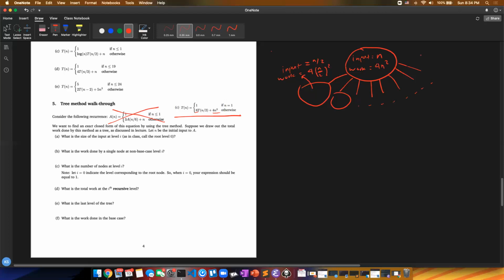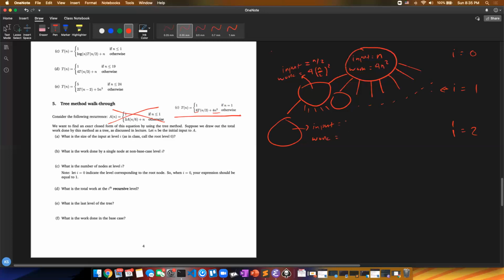Let's say this top level is level i = 0, and then level i = 1 right here. And let's draw one more, level i = 2, just for another sanity check. And assume that there are another 8 branches coming out here. And right here, there should be another input and work at this level.